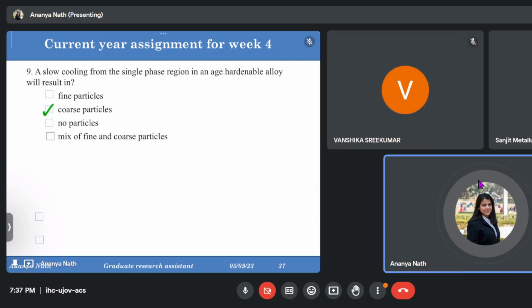So always for fast cooling, like quenching, it's fine particles. For slow cooling, it's coarse particles.